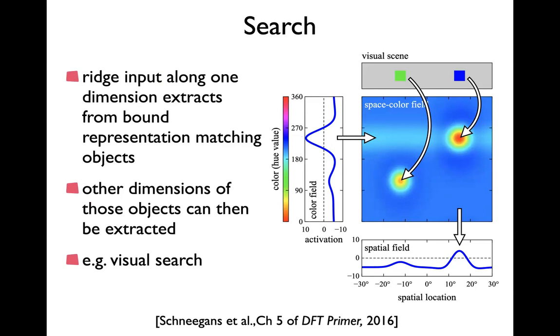And visual search stands for the general idea of search. If you try to select an idea, for instance, when you give a talk, you could say, well, you're providing some cues as to what kind of idea you want, maybe with some feature values, and that means now a population of neurons that is compatible with that is a little bit more activated than anything else, and now you just boost the population, and one of those biased, boosted ideas has a chance to come forward.